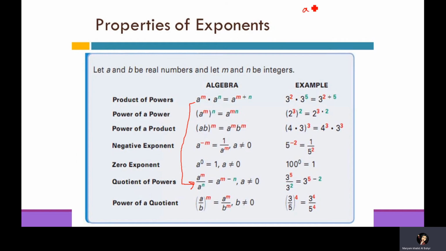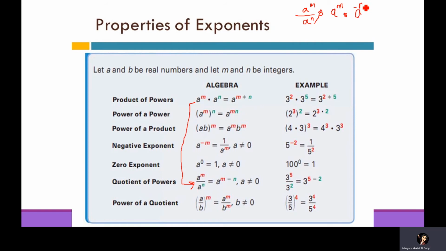So we had a to the power m over a to the power n. We can say that it equals a to the power m, and by using the negative exponent property, since this is down, I can move it up, and multiply by a to the power minus n.